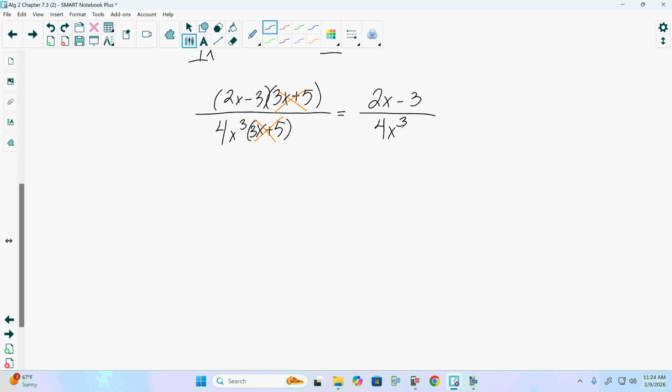But again, remember that 2x and 3 are stuck together. They are a single term. If that 3 had been 4, 2, 6, another even number, that would allow us to factor that 2 out of the top, then we could simplify with the 4 on bottom.